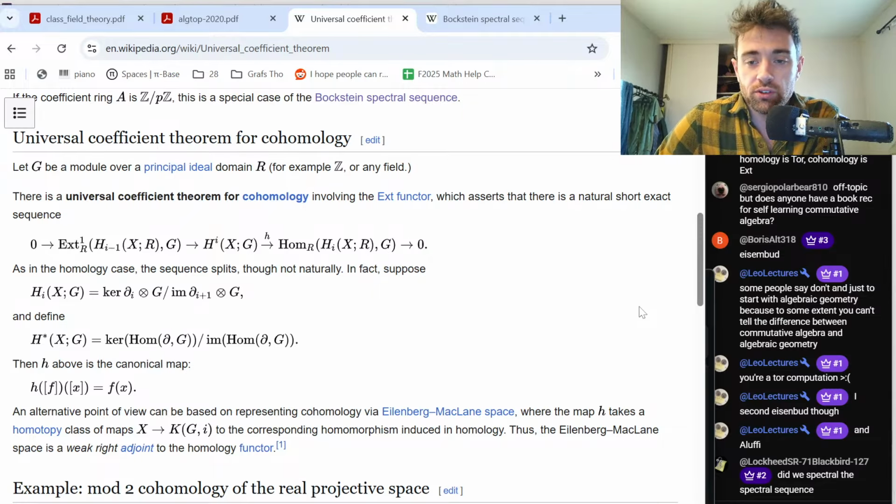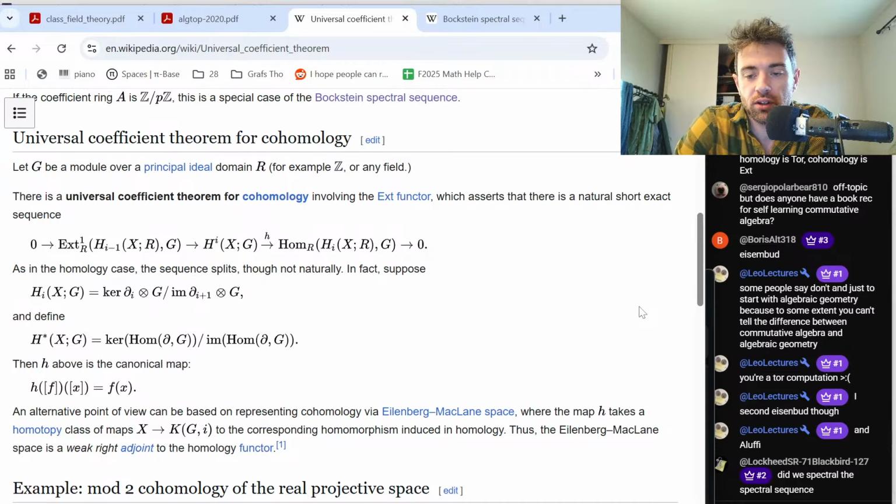If you haven't seen modules before in any detail, then I would start with Lovelace. Some people say don't and just start with algebraic geometry. I don't know if that's a good idea. Although you could also just start with algebraic geometry and backfill algebra as you go. I wouldn't suggest it, but I wouldn't warn against it necessarily.